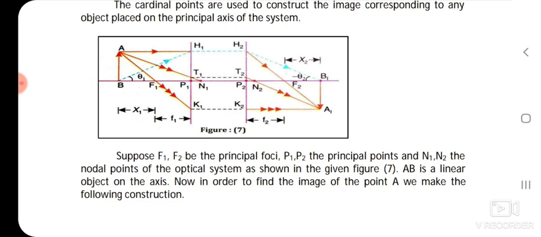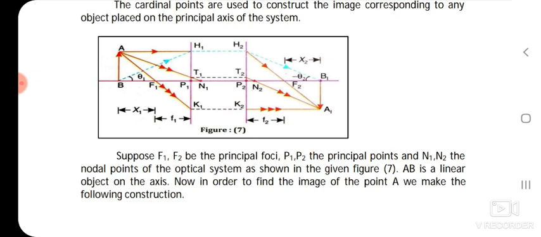Secondly, we derived that the distance between two nodal points is always equal to the distance between two principal points. And thirdly, we derived that the nodal points N1 and N2 coincide with principal points P1 and P2 respectively whenever the refractive index on either side of the lens is the same.